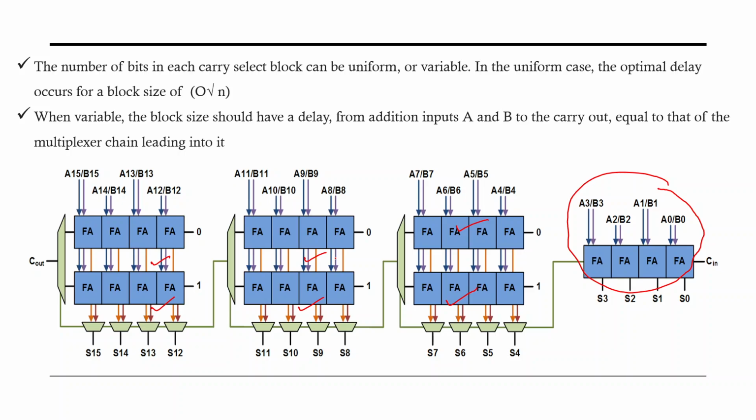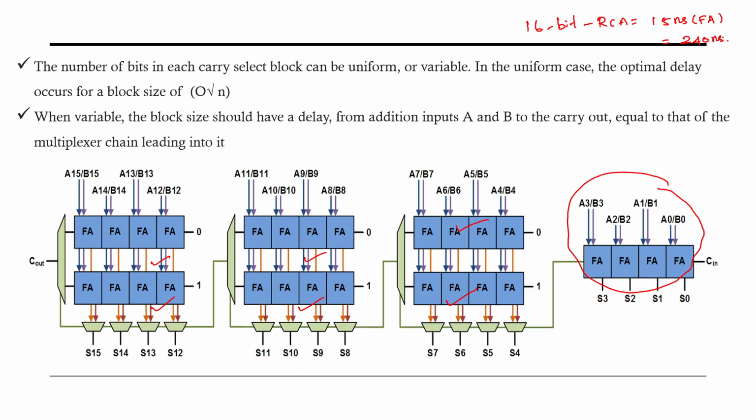So if you use 16 full adders, and each full adder consumes 15 nanoseconds of delay, then for a 16 bit ripple carry adder, it requires 240 nanoseconds of delay.